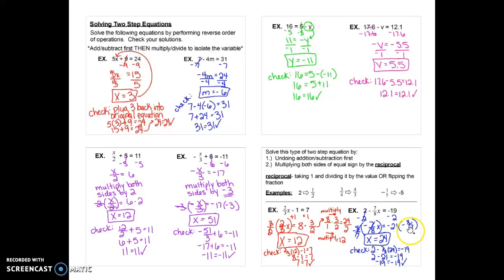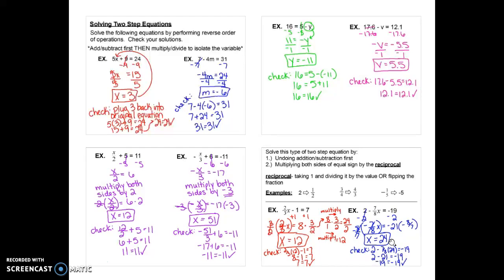Anytime you are typing a fraction into the calculator, you need to wrap that fraction in parentheses. So you're going to type in negative 21 times parenthesis negative 8 divided by 7 and close that parenthesis. If you do that correctly, you should get a positive 24 for your answer. Okay, so x equals 24.